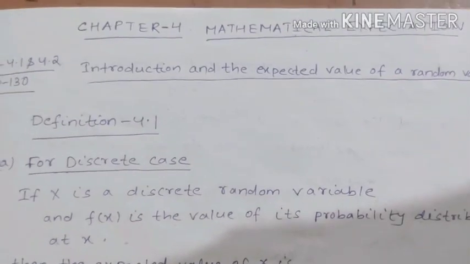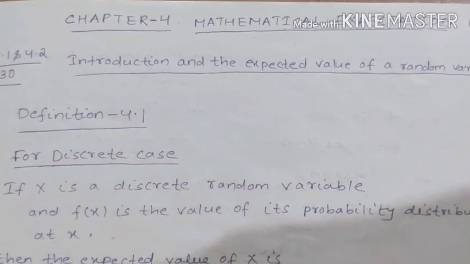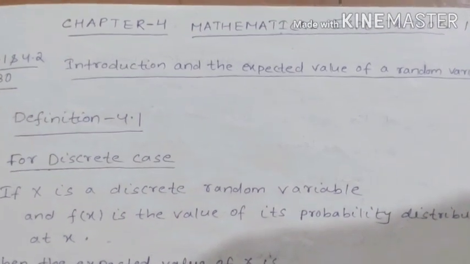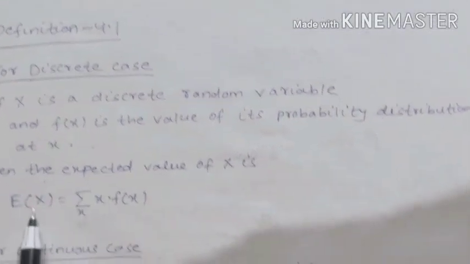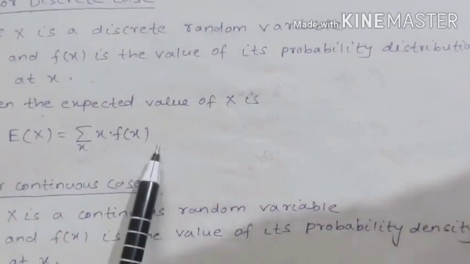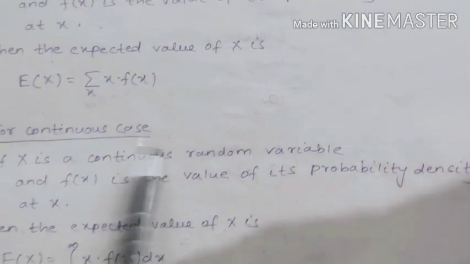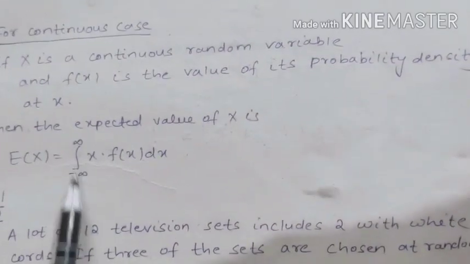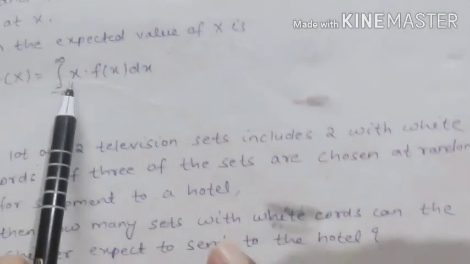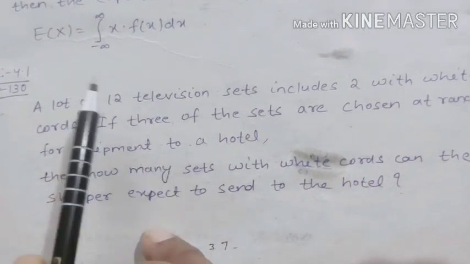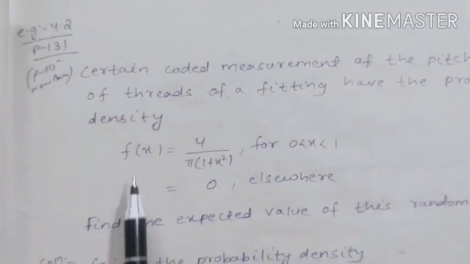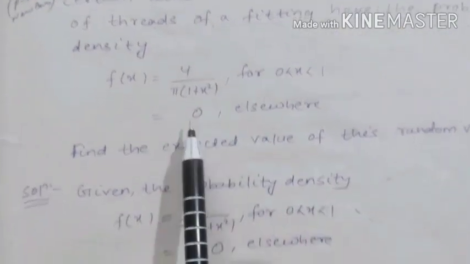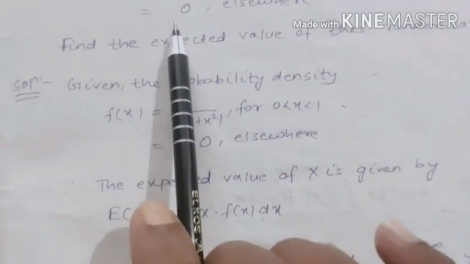Next, we discuss mathematical expectation. One by one, the definitions. For the discrete case, E of x is the summation of x times f of x. For the continuous case, E of x is the integration from minus infinity to infinity of x times f of x dx. Give a suitable example: f of x equals 4 by pi times 1 plus x square, for x between 0 and 1, and equals 0 otherwise.